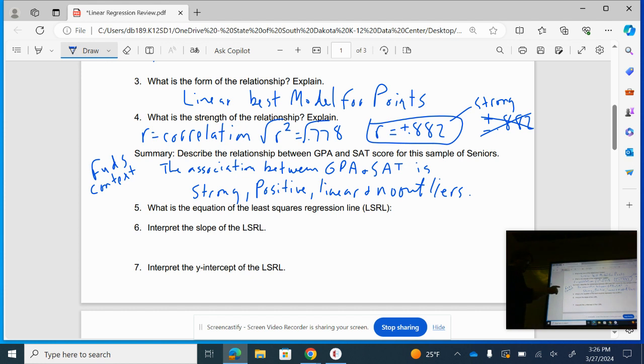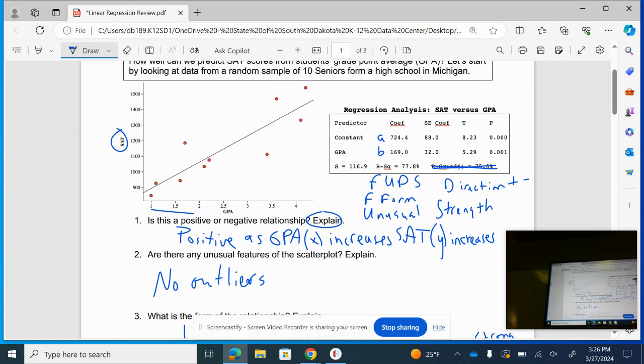So one of the things, the equation for the least squares line on the formula sheet is y hat equals a plus bx. So you should be able to figure out x and y by looking at this. SAT is y, GPA is x. Remember, this thing that says constant, you never use it.